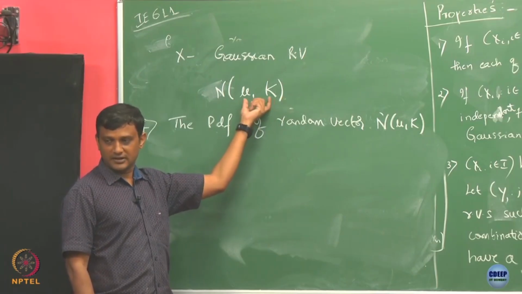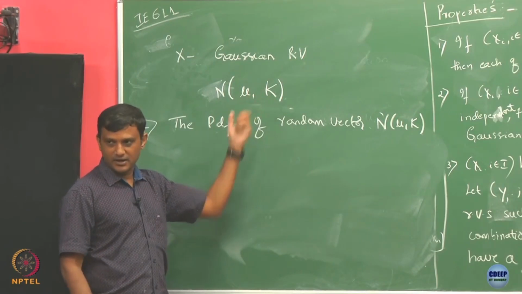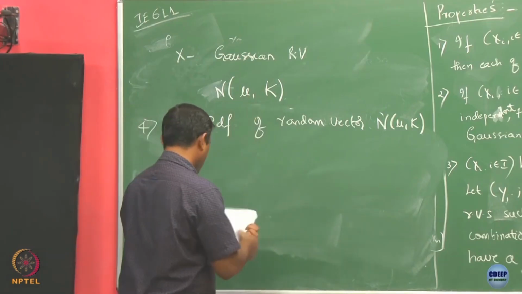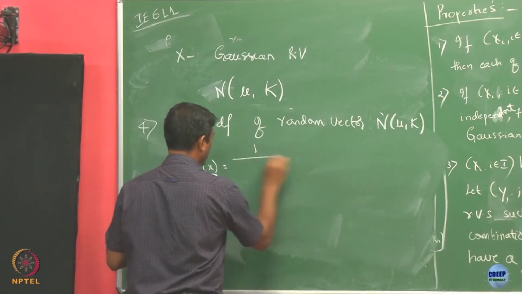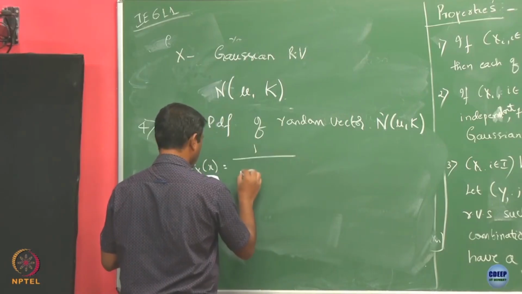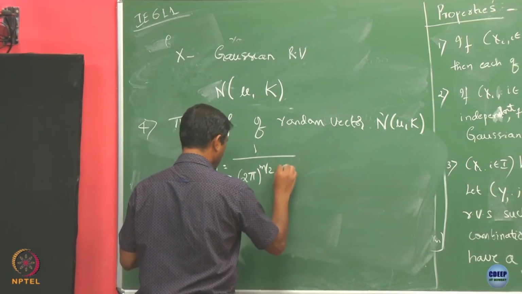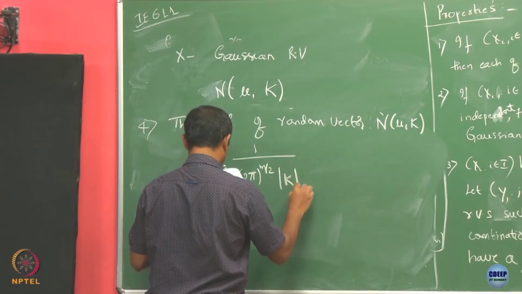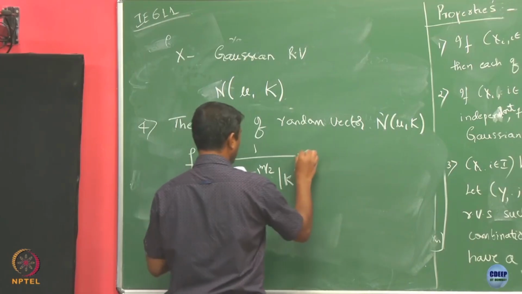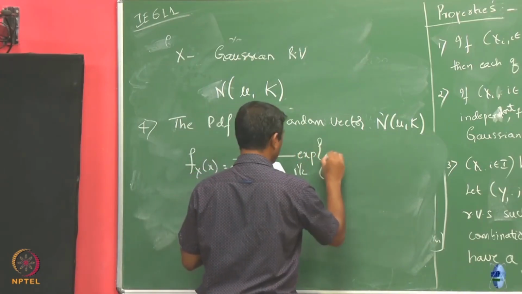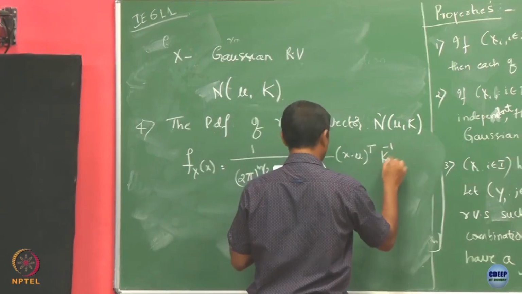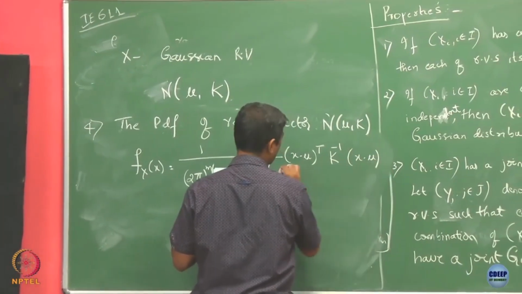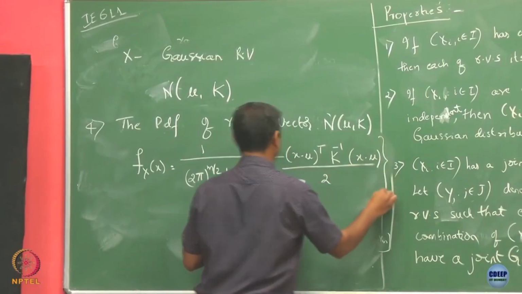Now the PDF of this Gaussian random vector is going to look like this.